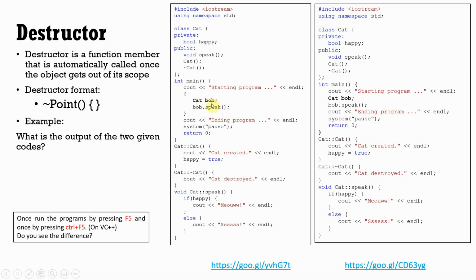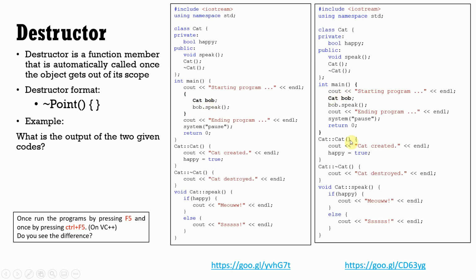It's going to call the destructor when it gets out of its scope. What is the scope of this object? It's within these curly brackets, these braces. So when we get out of this block, the destructor for Bob is going to be called here.